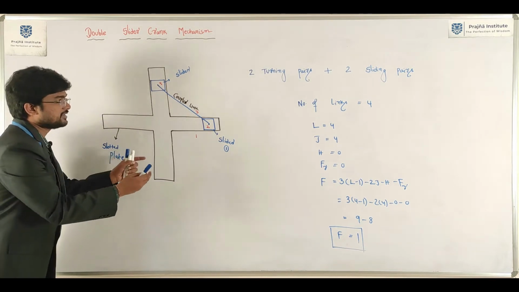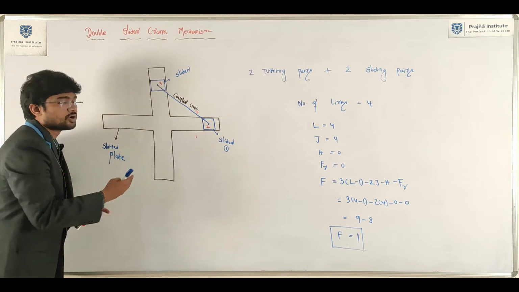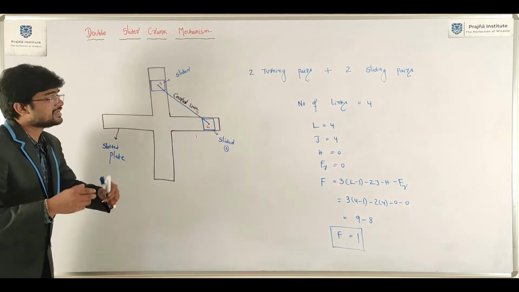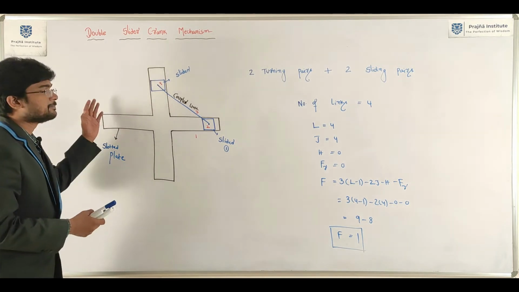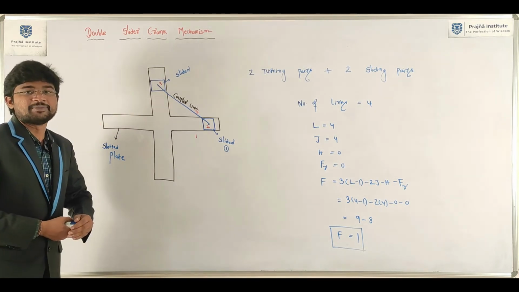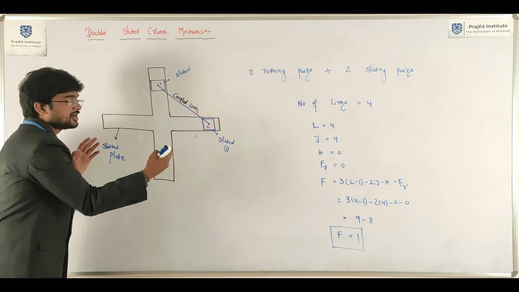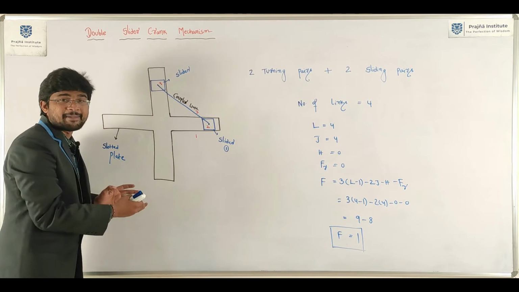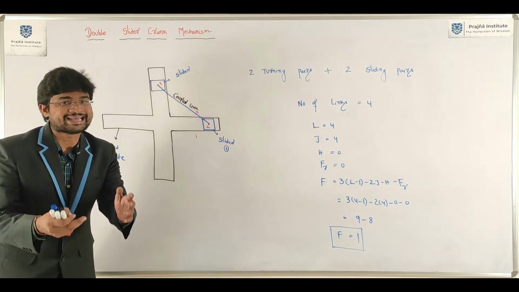Here we have 2 sliders, a coupler link and a slotted plate. Now we need to discuss the inversions of the double slider crank mechanism. Inversion is the method of fixing different links present in the kinematic chain to get different possible mechanisms.